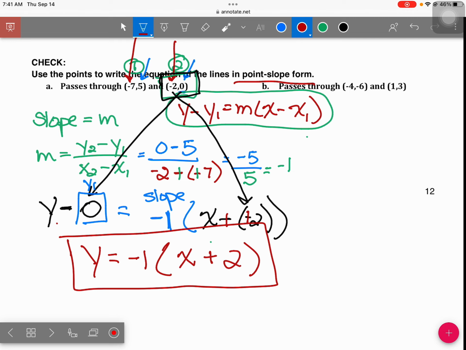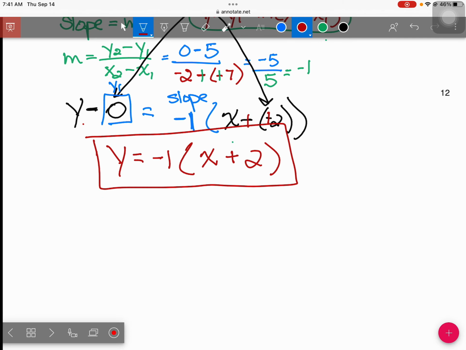What questions do you have about that? If we were to go in reverse and they said this is point slope form and asked what is my slope, hopefully you would be able to say my slope is negative 1. And my point is a little bit trickier with this one.